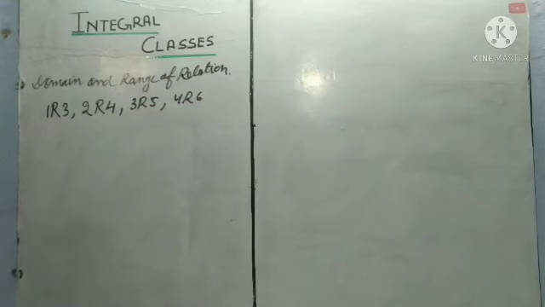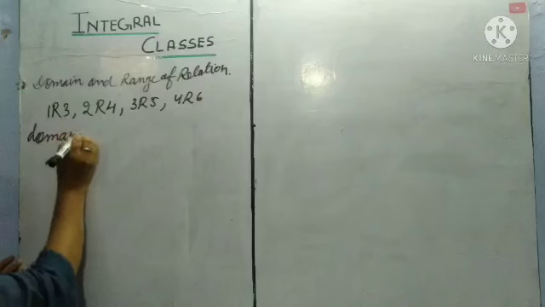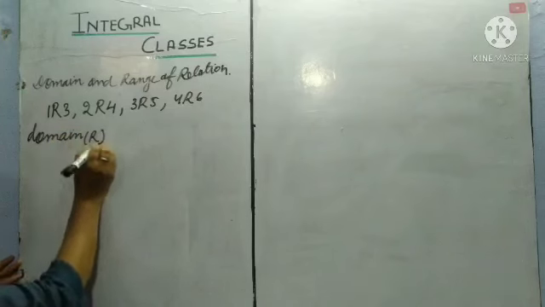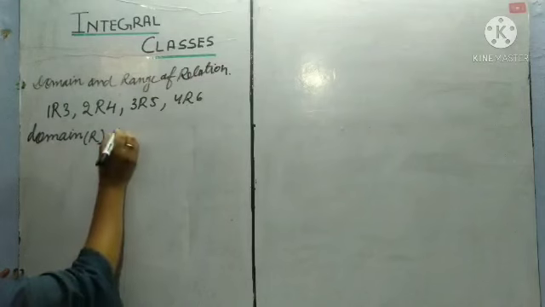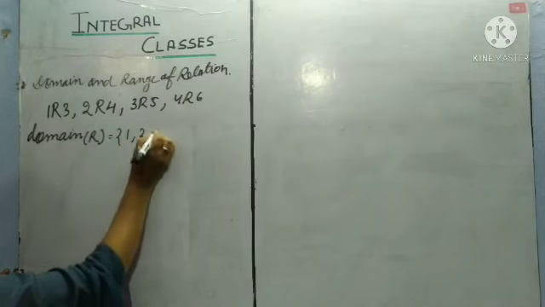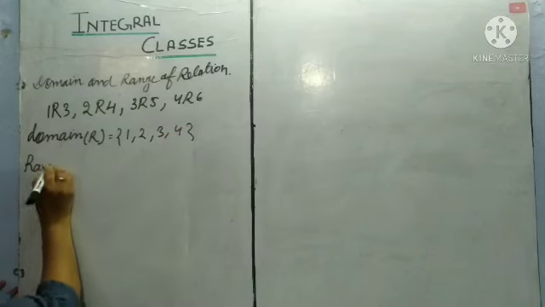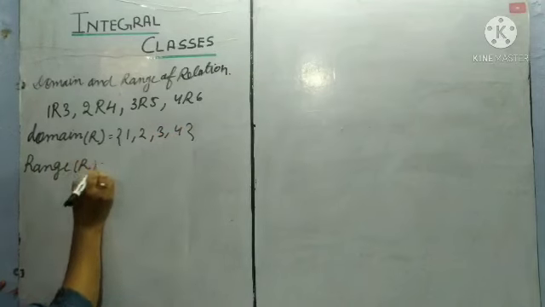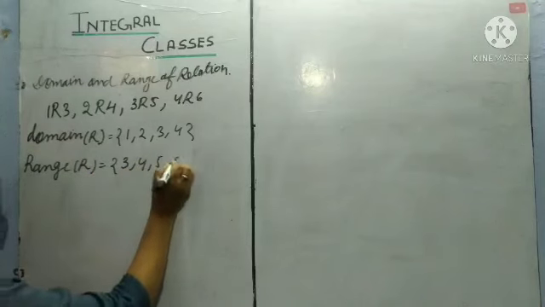As we know, the domain of R is the first element of each pair. So the domain is 1, 2, 3, 4. Now the range of R is the second element of each pair: 3, 4, 5, 6.